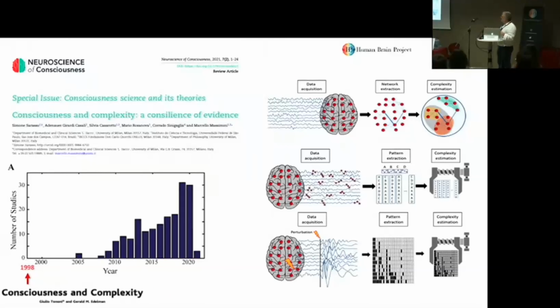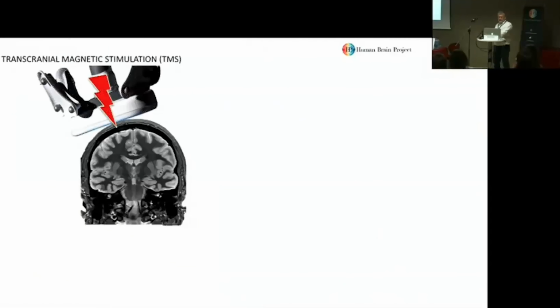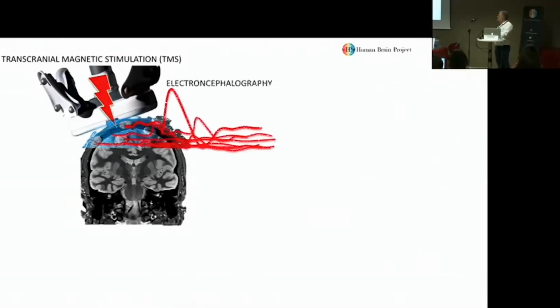in our lab, is based on perturbing the brain and recording what happens after the perturbation. We do that by combining transcranial magnetic stimulation, a non-invasive technique that perturbs cortical areas in humans, and electroencephalography.